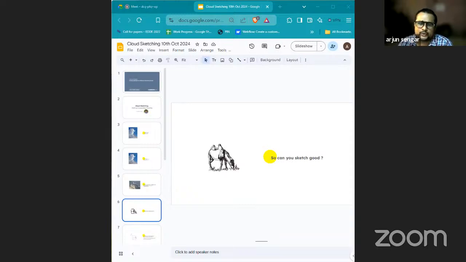Amna, Vanya, are you comfortable with sketching? Both of you, Aishwarya, Muskan. Can you guys unmute and speak?